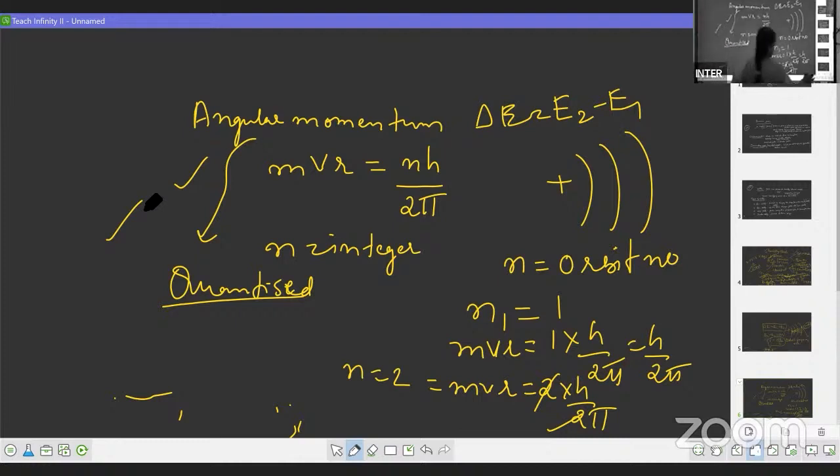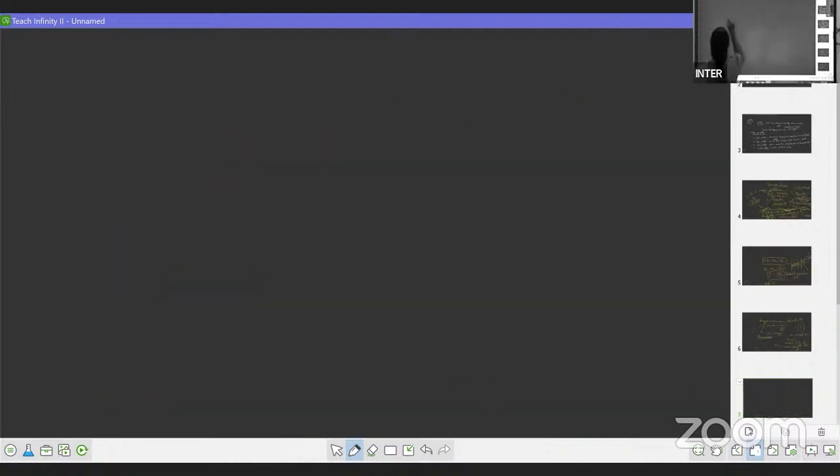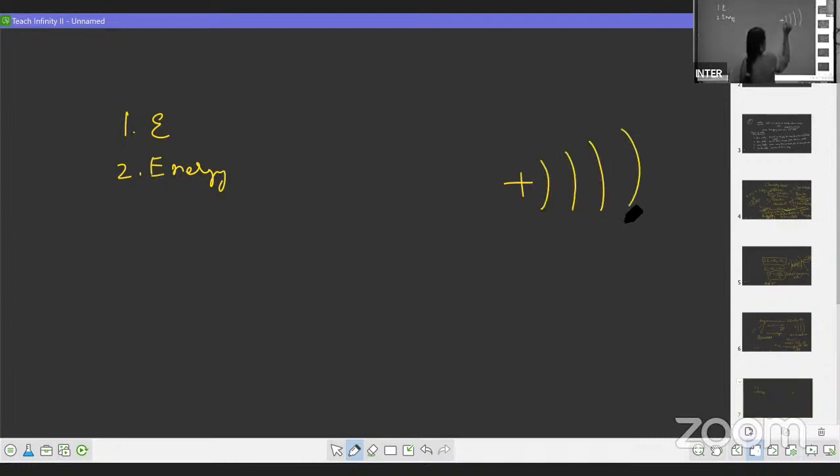So in total, how many points do you have to write? First, about the electron revolving. Then the energy of the orbit. What happens when you move away from the nucleus? For example, these are the orbits. When you move away from the nucleus, what happens to the energy of the orbit? It increases.